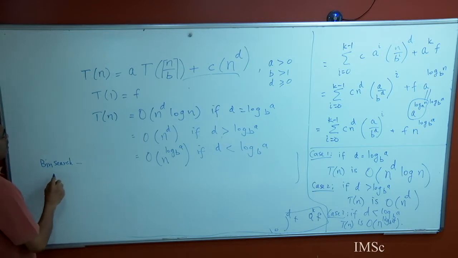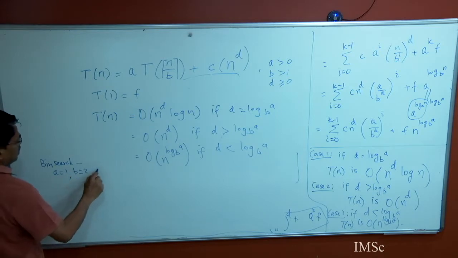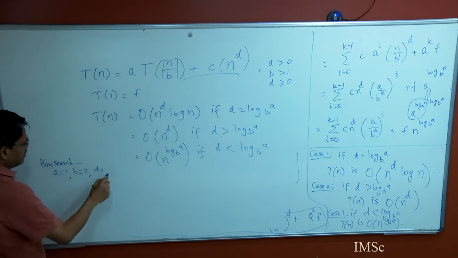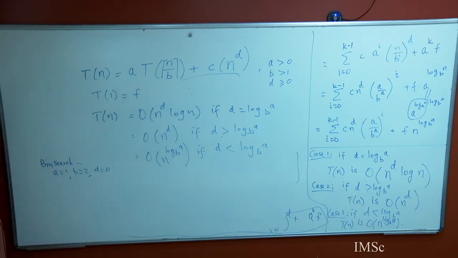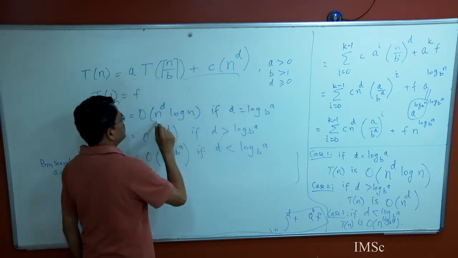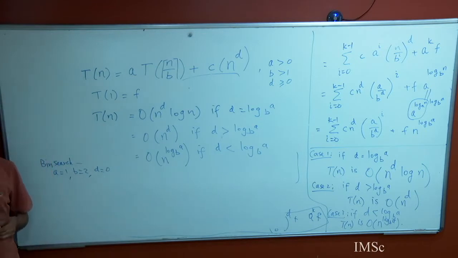So a is 1, b is 2, and d is 0 because you just spent constant time, right? Now let's see what log a to the base b would be. It is 0 because it's log of 1 to whatever the base, and it's the same as d. So it falls into this case, so n power d times log n, so it's log n, because d is 0.